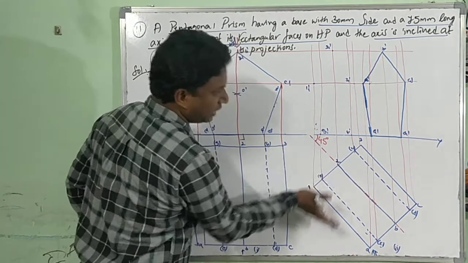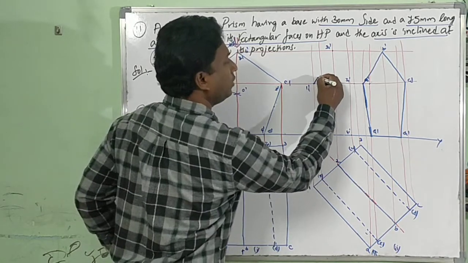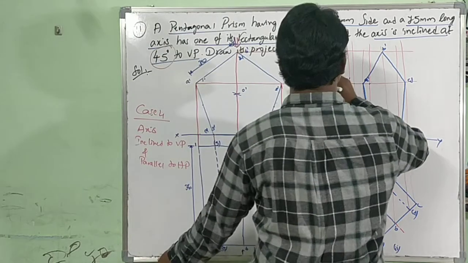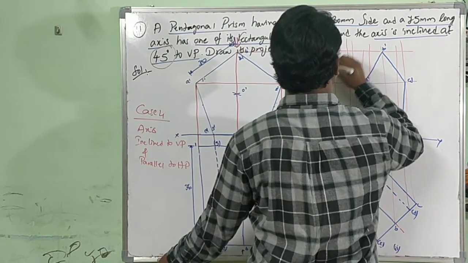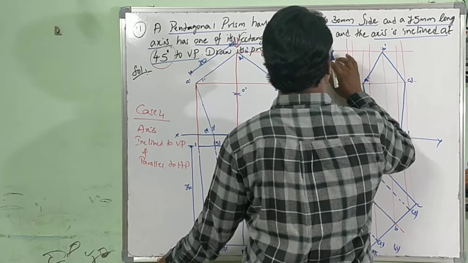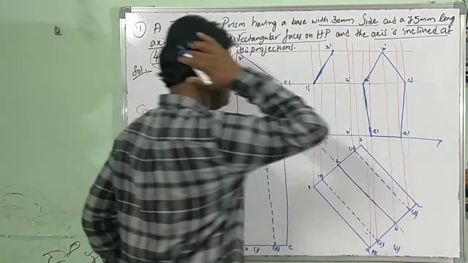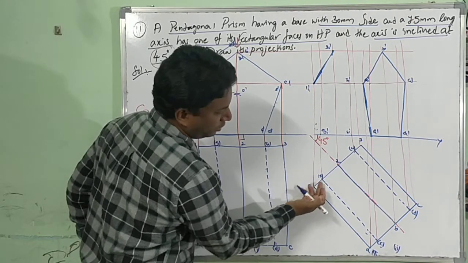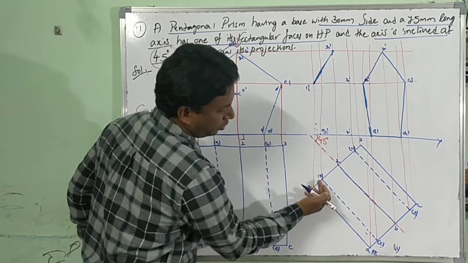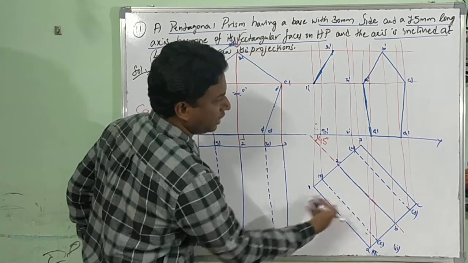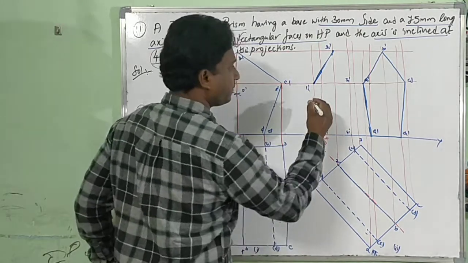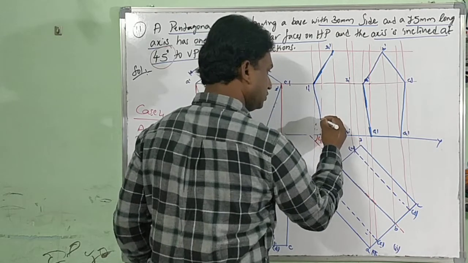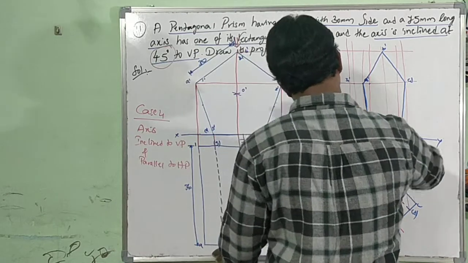So I am drawing 1, 1 dash, 2, 1 dash. Now with respect to the central line, there is one more: 1, 2, 1, 5. Inside, 1, 5. So from 1, 1 dash, 5, 1 dash.